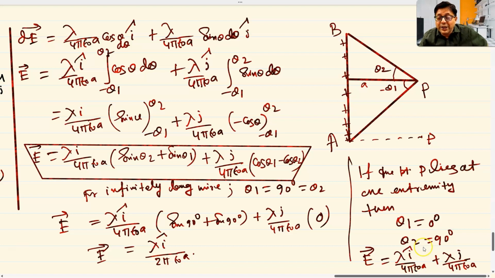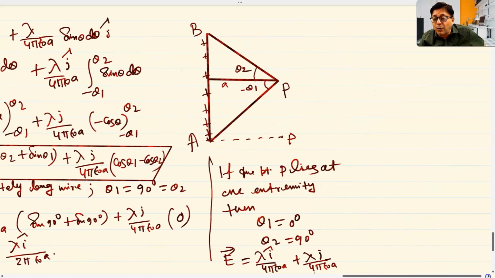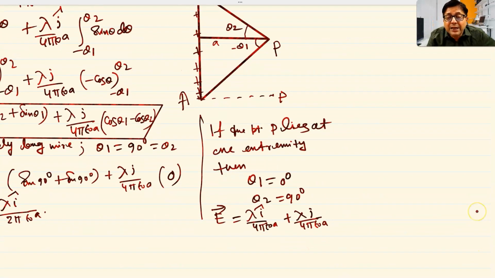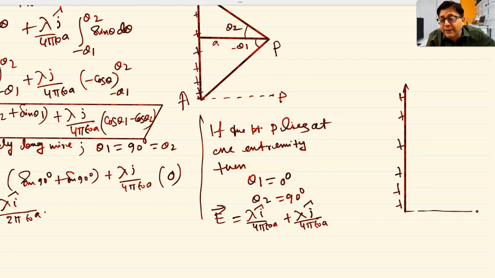Okay, so if the point P lies at one extremity, with an infinitely long wire going this way, at one end we can get the electric field by using this formula: lambda i by 4 pi epsilon-0 a plus lambda j by 4 pi epsilon-0 a. So the electric field will exist both along the x axis as well as along the y axis.